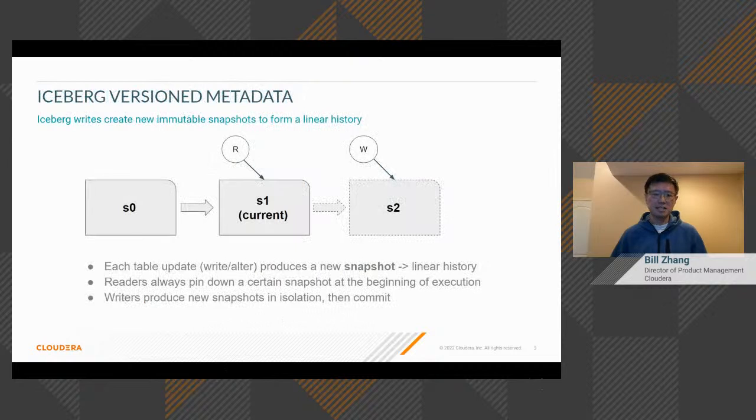Switching to the next slide, we're going to talk about the versioning of metadata, right? Iceberg achieves this capability for a table via metadata files, also known as manifests. It tracks point-in-time snapshots by maintaining all deltas as a table is updated over time.